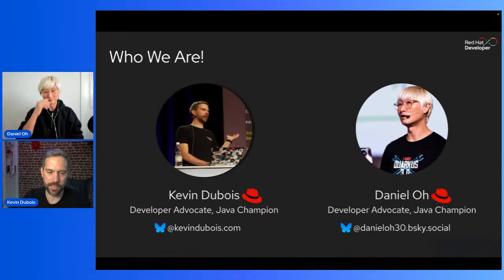I'm, of course, a big fan of Java, but I kind of moved somewhere between Java and platform engineering. So that's also what this talk is about a little bit. We're going to talk about Java and also a little bit about how we can get our Java applications into a production platform, in this case, serverless. So on to you, Dan.